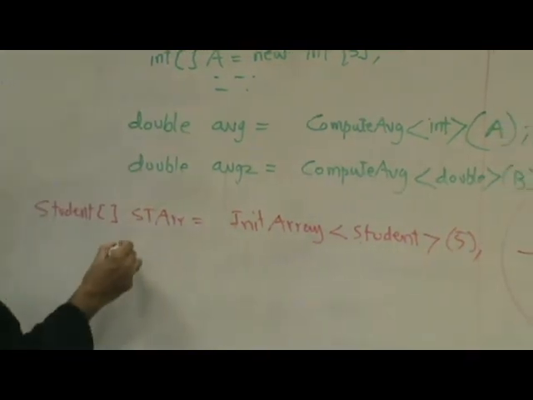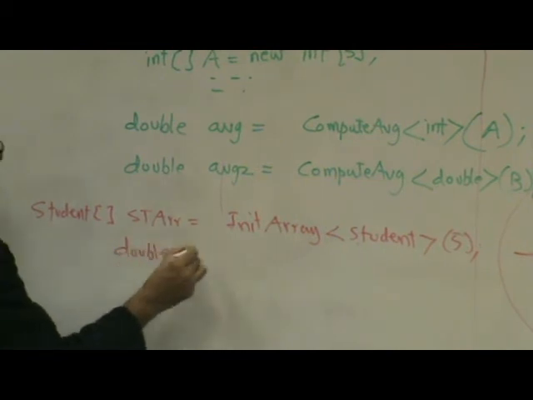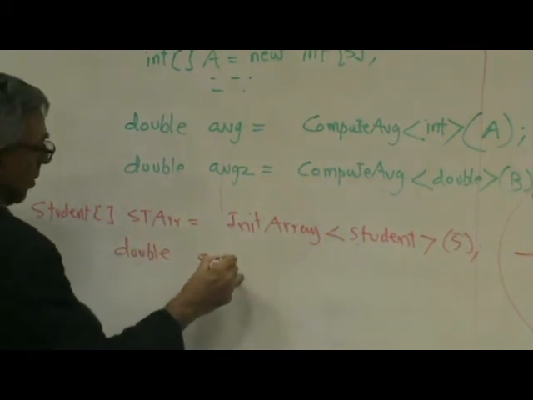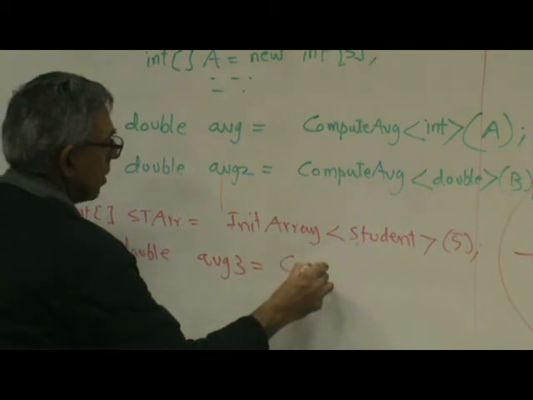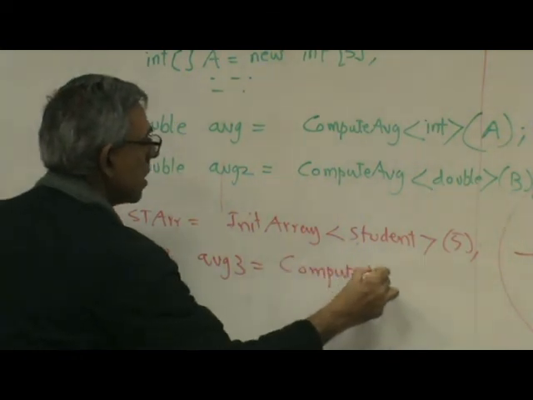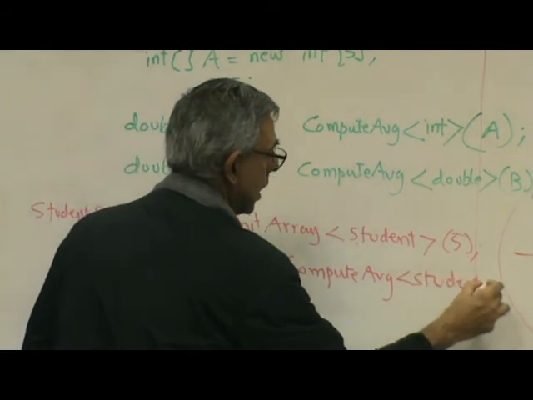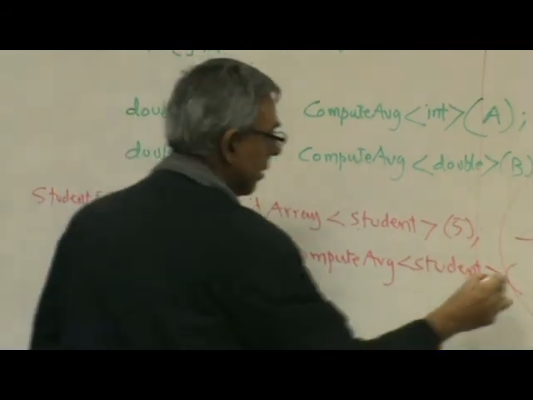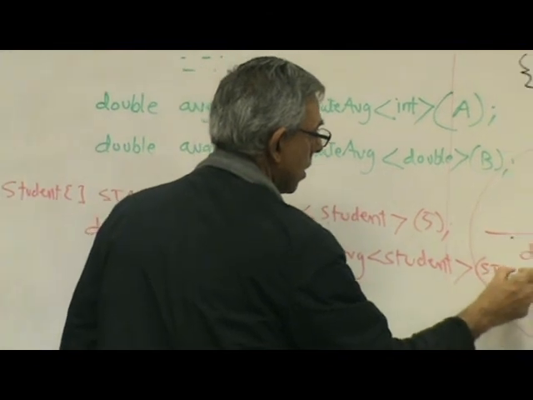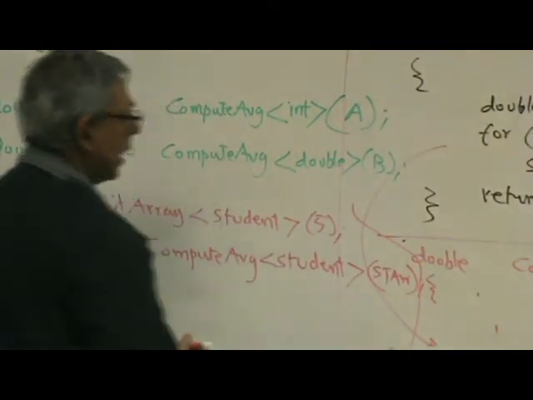And then I try to do double AVG3 equal to computeAVG of student, and pass it the st array. Okay, what will happen?